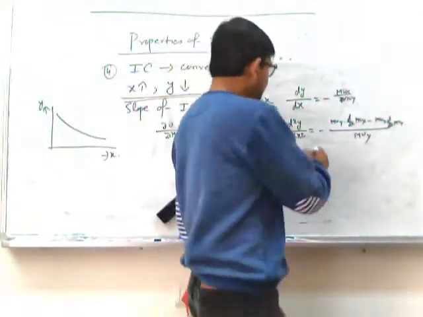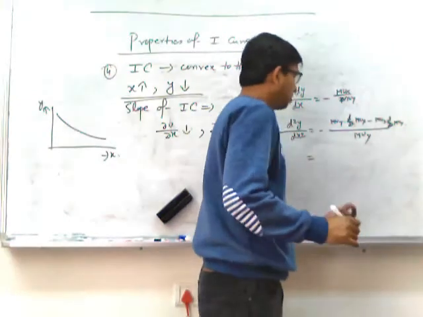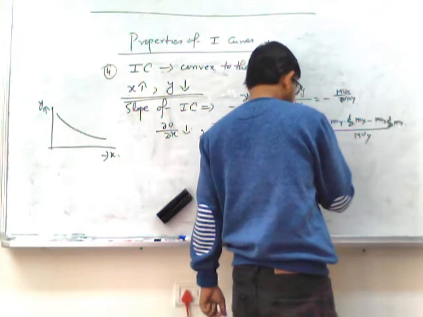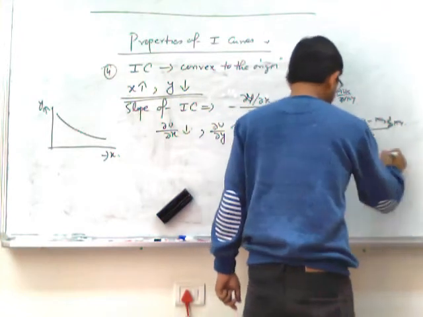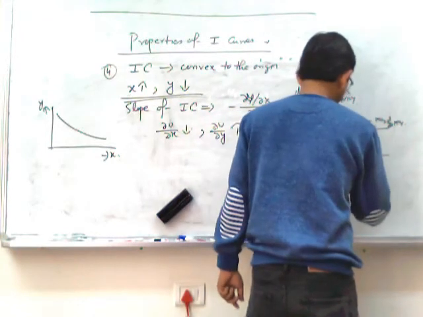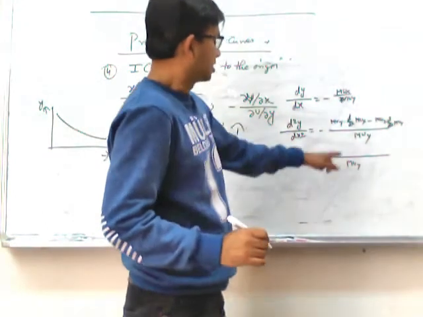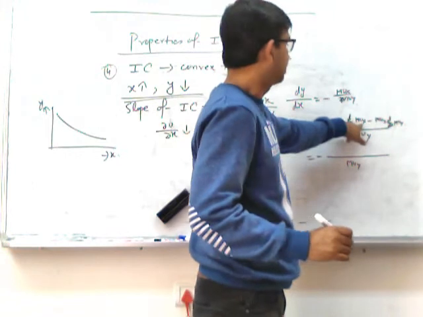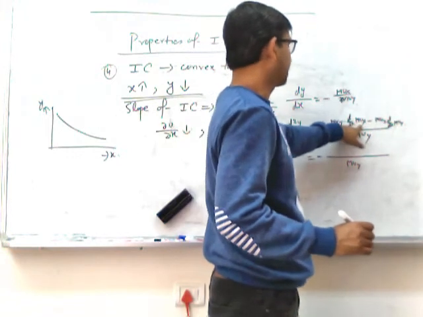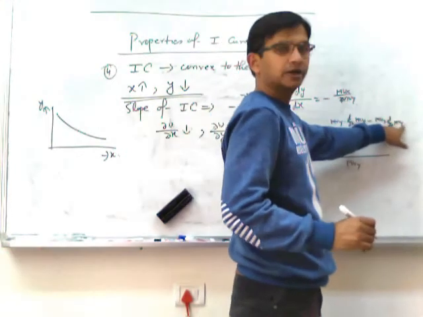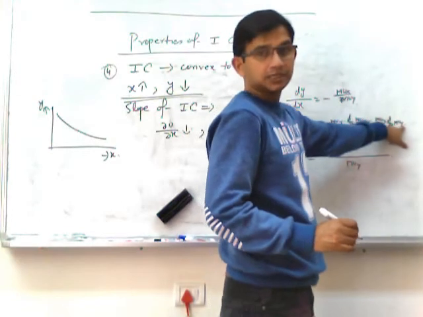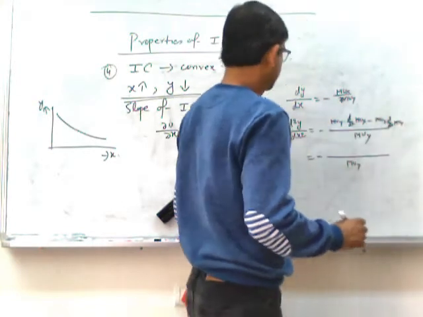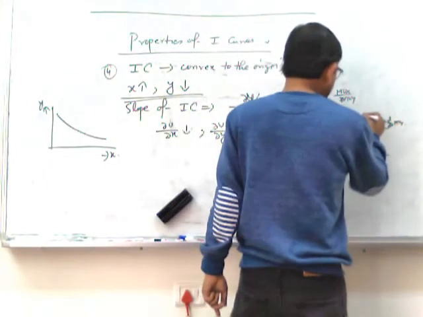So, we know that as x rises, marginal utility of x will decline, and as x rises, marginal utility of y will rise as per the properties of a well-behaved utility function. So, what do we see? This is negative.